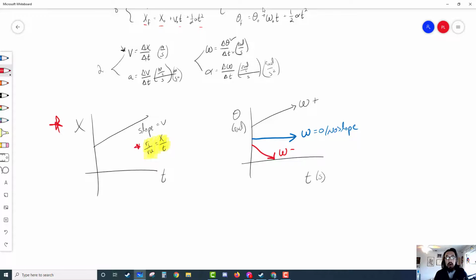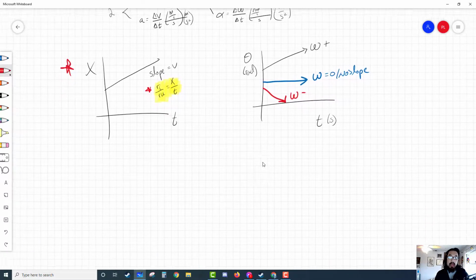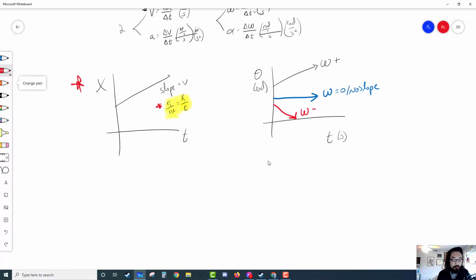From there we can go to a velocity time graph. We take a look at our equations, and this equation right here has velocity and time, and then we have acceleration. Because velocity and time are our y and x axes and they're dividing, we can see that the slope is the acceleration.